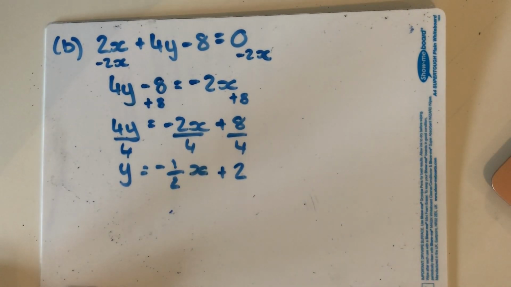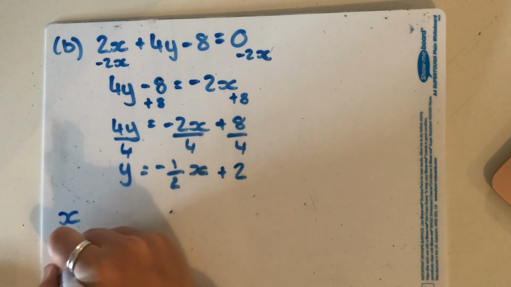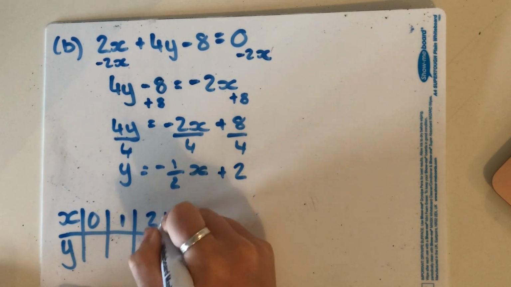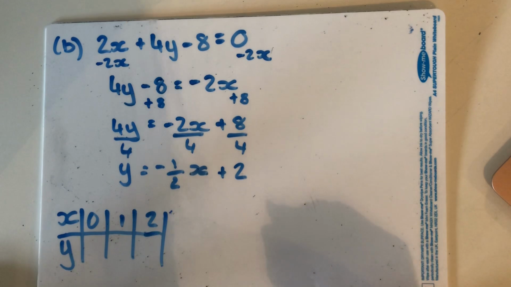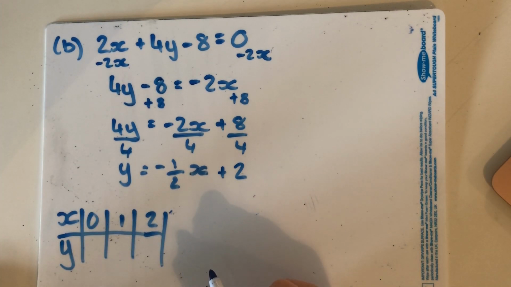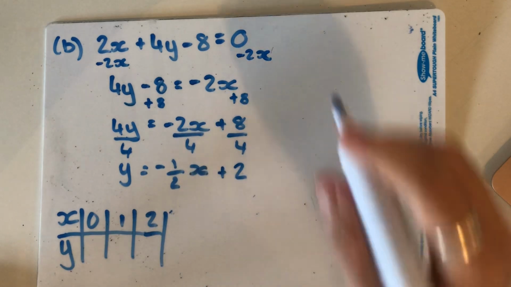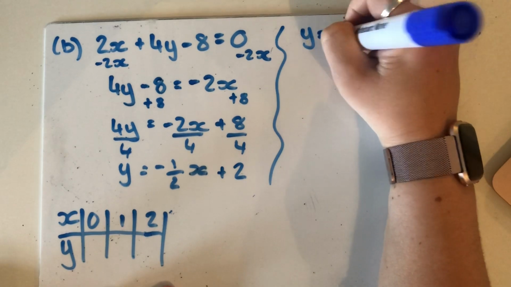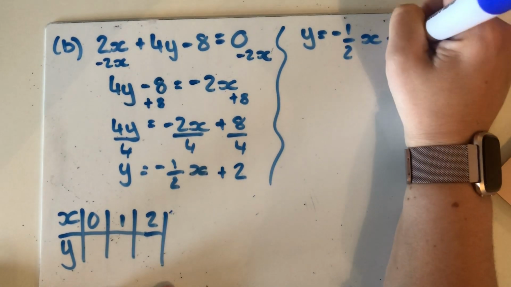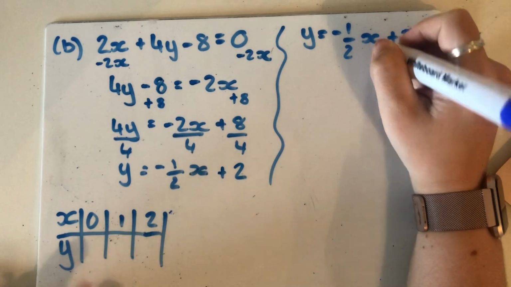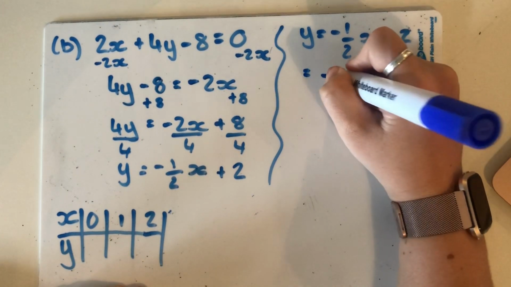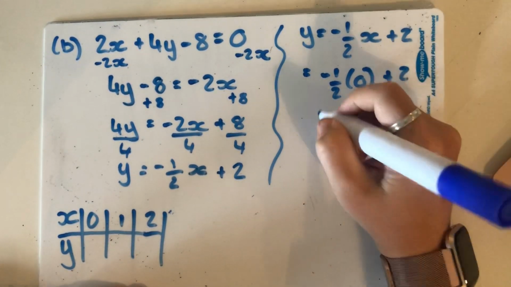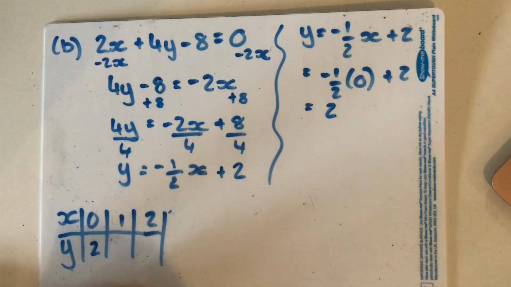Okay, and then we want to sketch this, so get your x and y values, so 0, 1 and 2. Remember, you don't have to pick 0, 1 and 2. Okay, so now I've got my x values, I'm going to put these in. Just draw a line down there so it's a little bit neater. Okay, so if x is 0, and put that in, so negative a half times 0 is 0, add 2 gives me 2.